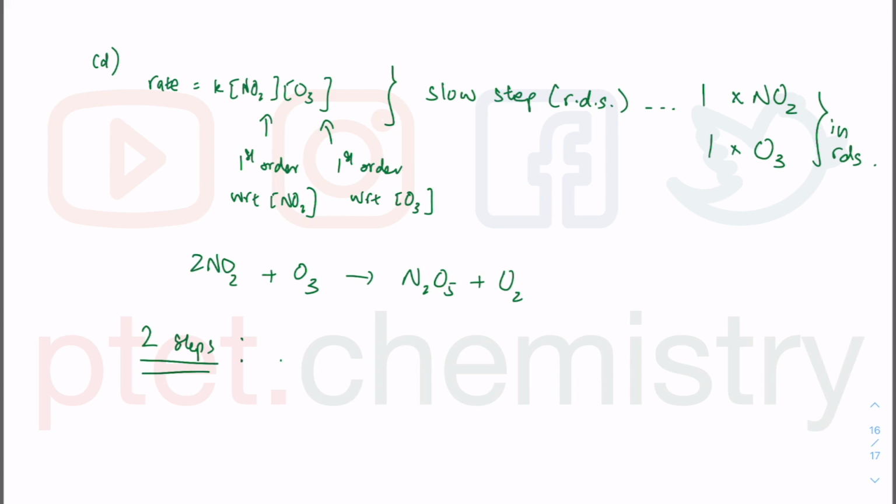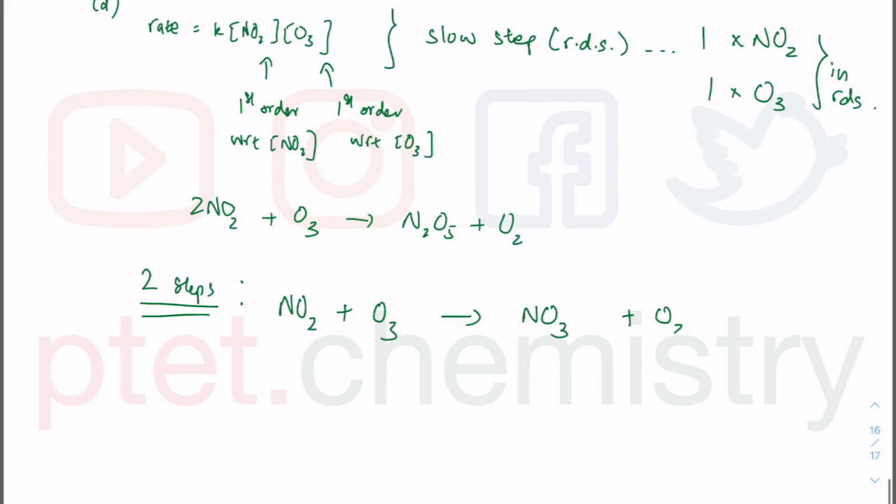So perhaps what I can do is set NO2 plus O3. That will give me, and if I have O2 as well, then the O3 becomes O2. That means this becomes NO3 maybe, something like that. And what happens then is the NO3 will react with another NO2.